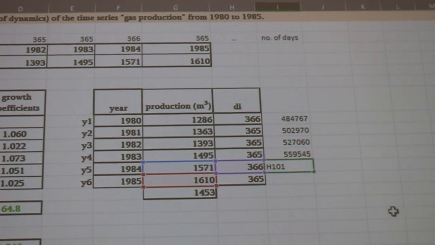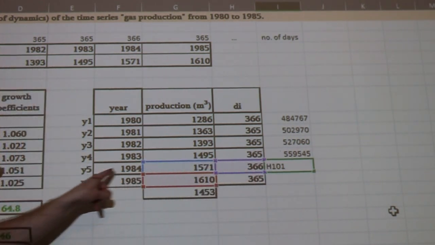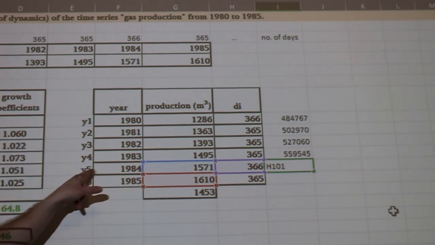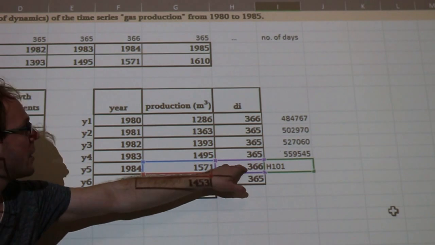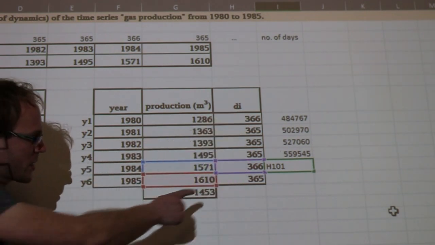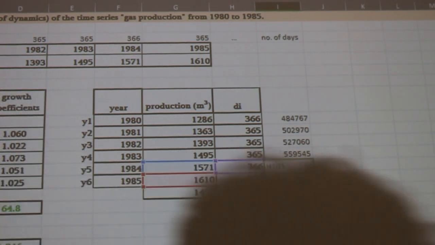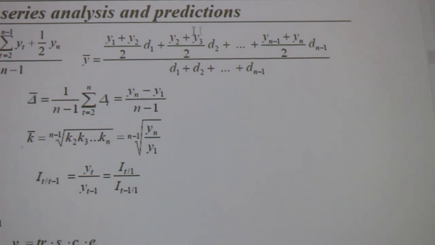The last possible calculation is presented here, because there is yn-1 plus yn, fifth observation plus sixth observation divided by 2, weighted by dn-1. We will not use the last value. So we have these parts in the numerator. Now the summation of these values is divided by the number of days from the first observation to the fifth observation.